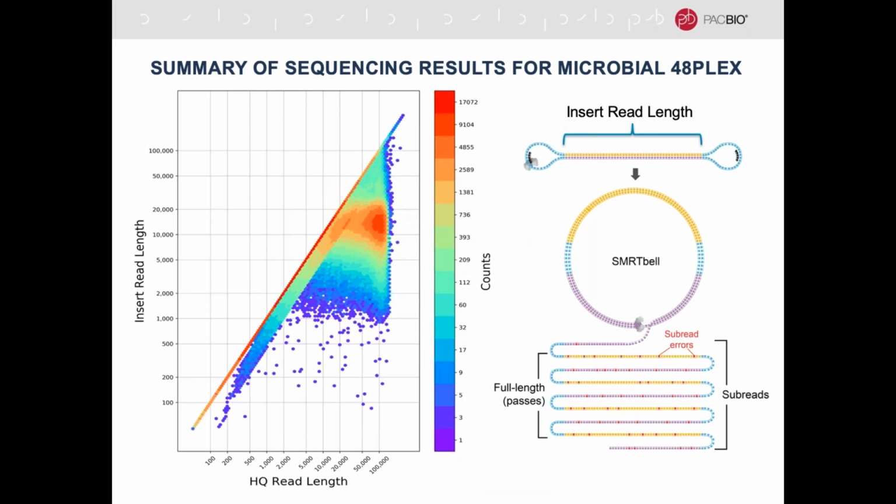Another really nice plot that we produce that summarizes the data well is this one here on the left that you see, showing the insert read length by the HQ read length. That's essentially the insert length by the polymerase read length on the x-axis. And so what you can see is that there's this hot spot here between 10 and 20 kb on the insert read length axis.